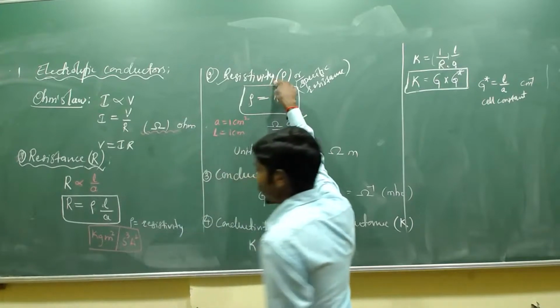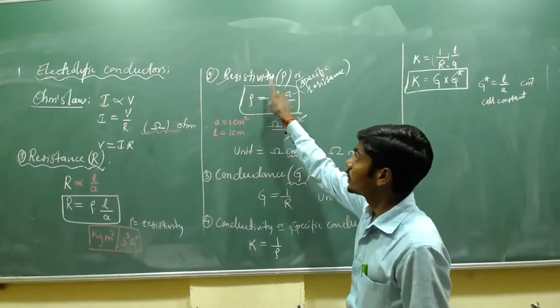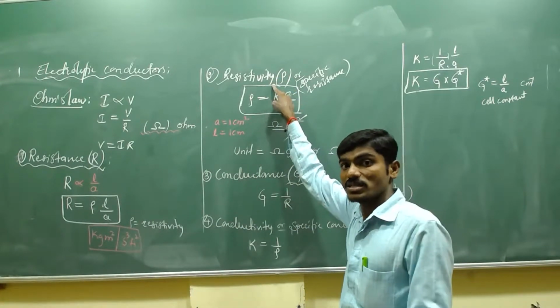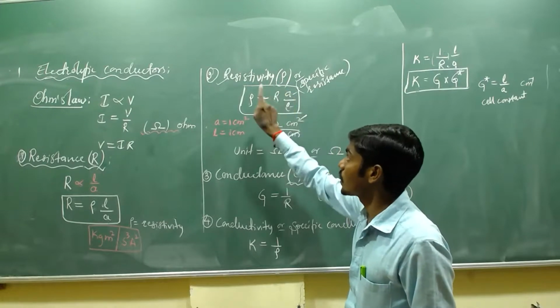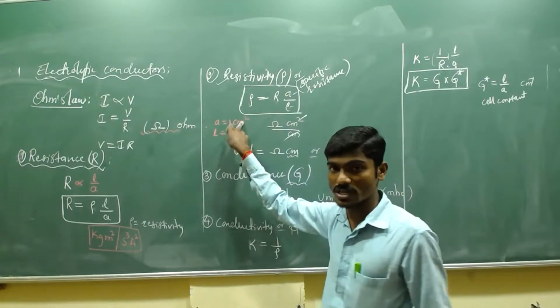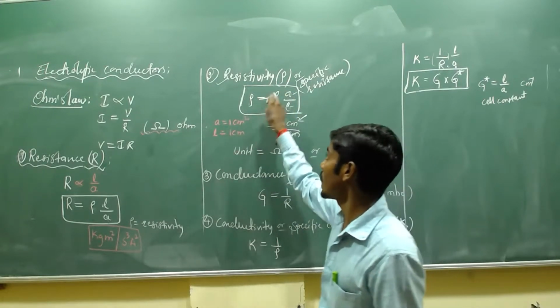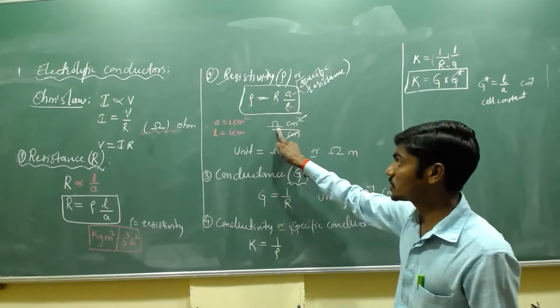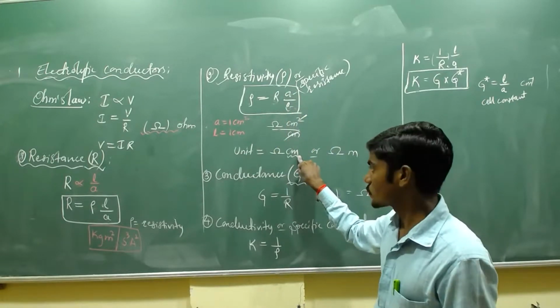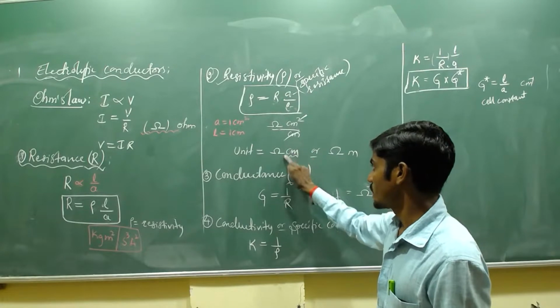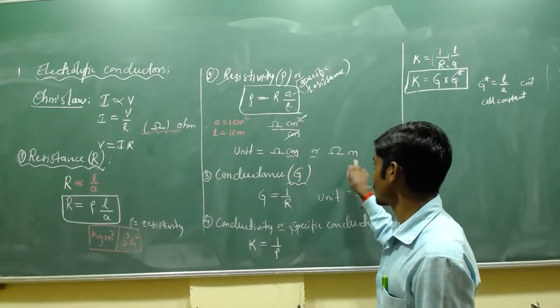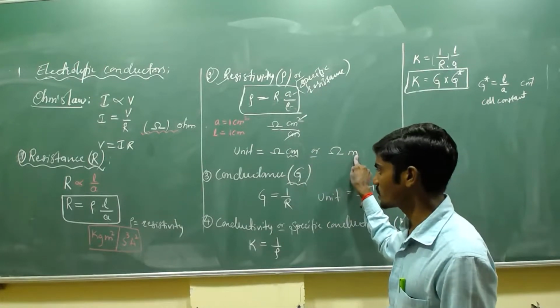Resistivity is the resistance of a solution whose length is 1 centimeter and area of cross section is 1 centimeter square, and it is expressed by RA by L. Its unit is ohm centimeter in smaller units, but in SI it is expressed in terms of meter, so ohm meter is the unit.